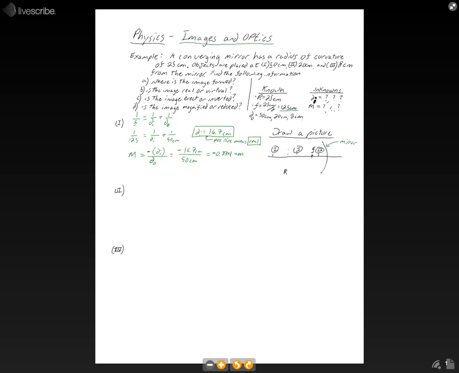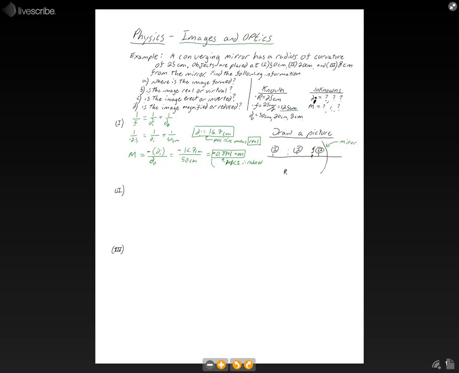So, two things to note from the magnification. One, the absolute value of the magnification is less than 1, which means that your image is reduced. So it's smaller.